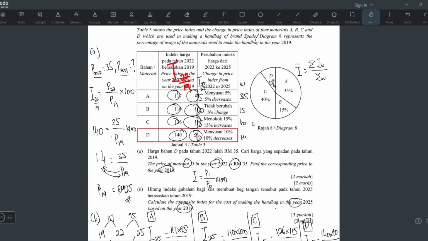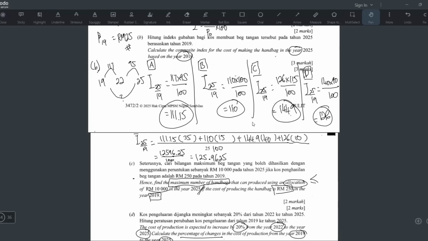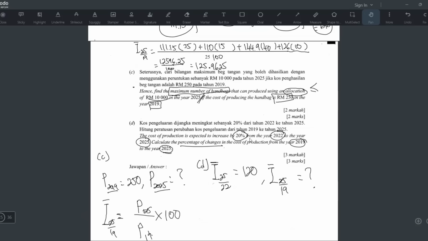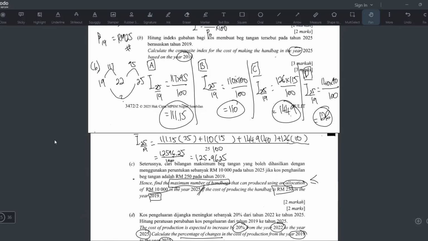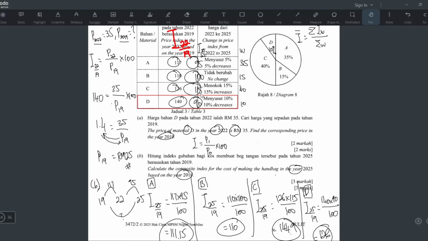95 times 35 plus 100 times 15 plus 115 times 40 plus 90 times 10, divide 100. Okay, wait, 35 plus 15 plus 115 times 40 plus 90 times 10. Okay, I don't even get the same. Yeah, for D, when I try to find my own composite index for 25, 22, it's not even the same.